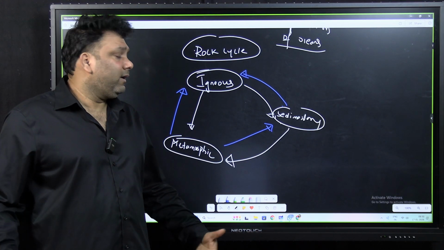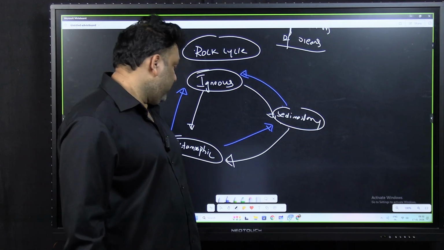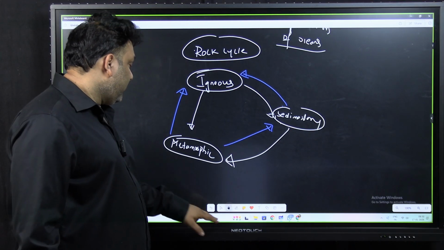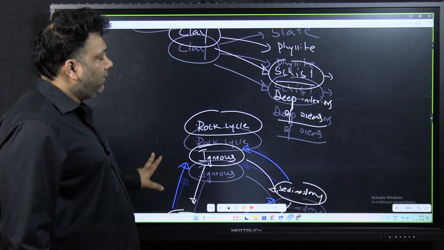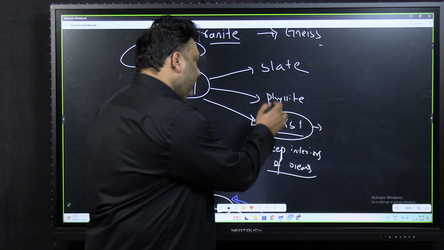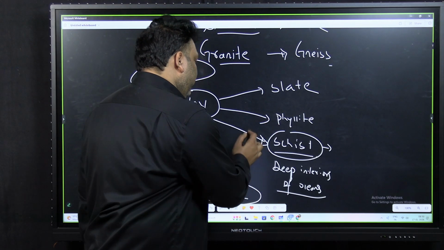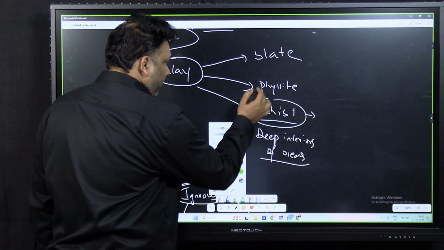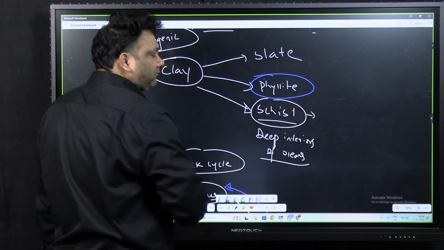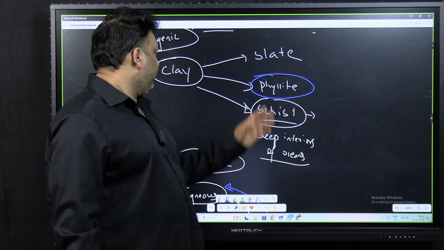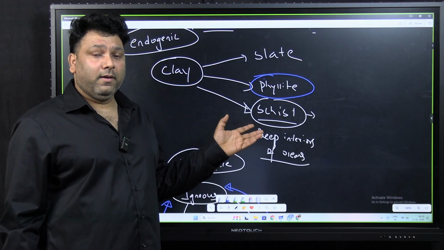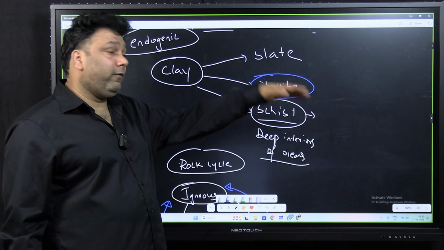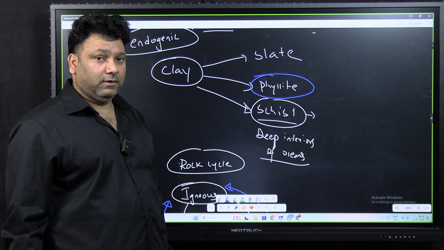Okay, don't write the definition. Okay, what is phyllite, you are asking, right? Phyllite is used a lot in Kashmir. Most of the houses in Kashmir are made up of phyllite, because Kashmir is located in the Himalayan region, and Himalayas are sedimentary rock, and sedimentary rocks over a period of time can be metamorphosed.